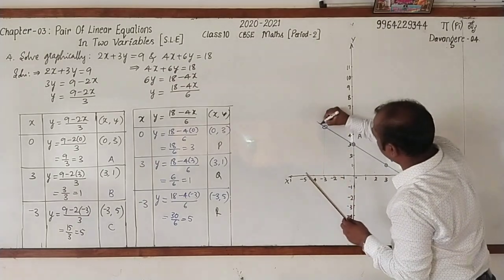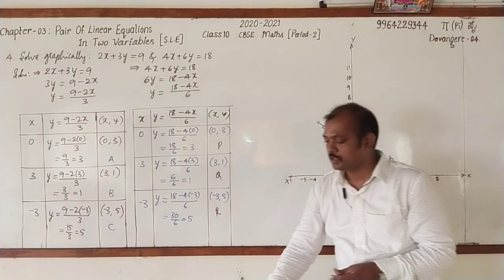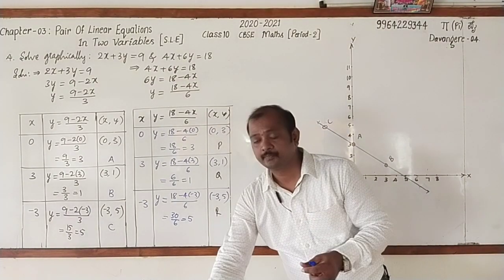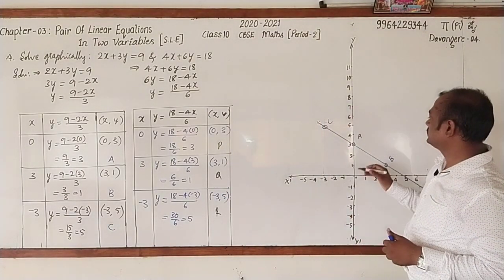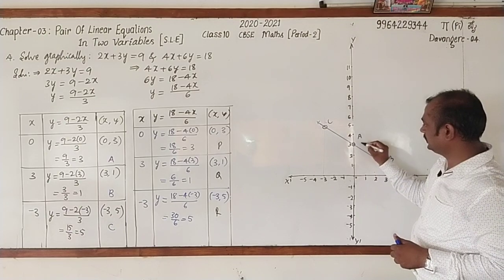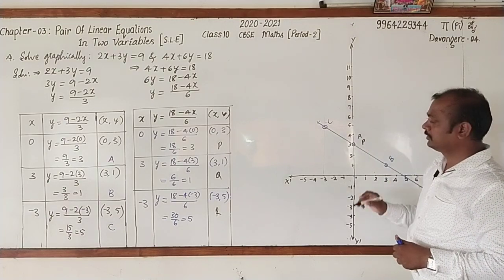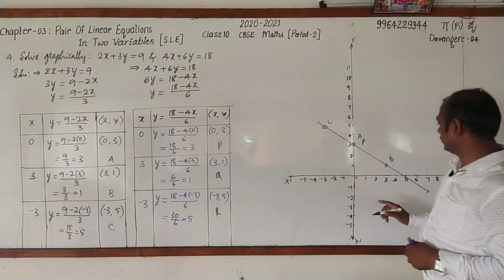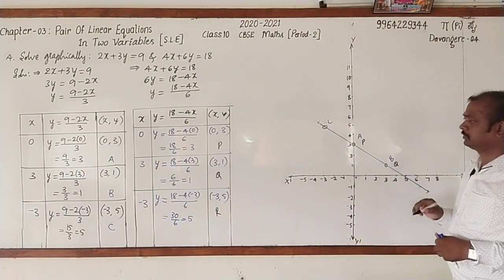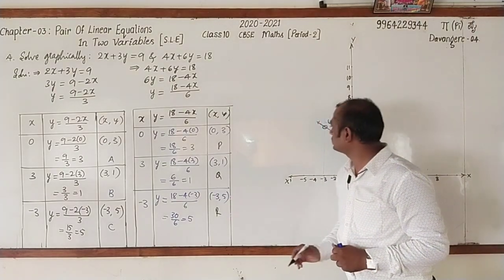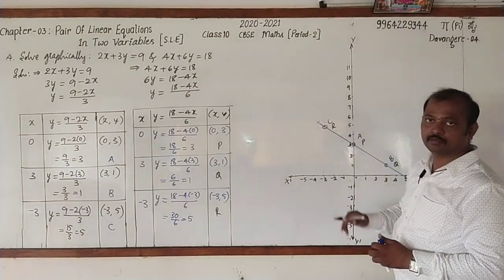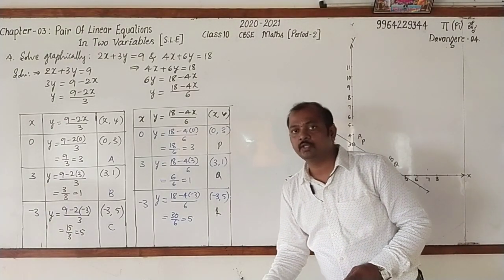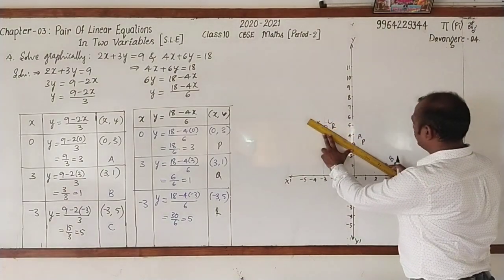Observe. Next, I'll go for marking the next three coordinate points. P 0, 3 comes here only. Q 3, 1. R minus 3, 5 comes here only. Minus 3, 5. And when you join the points, what?